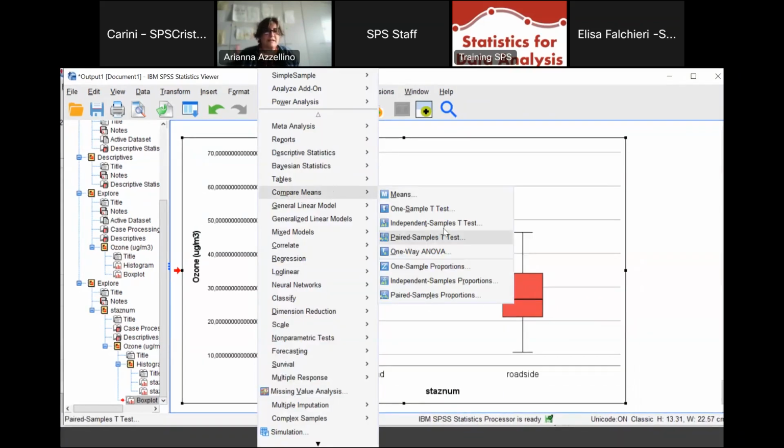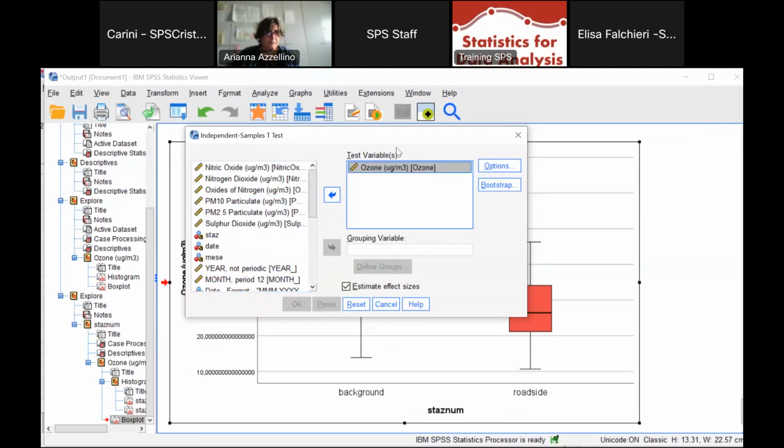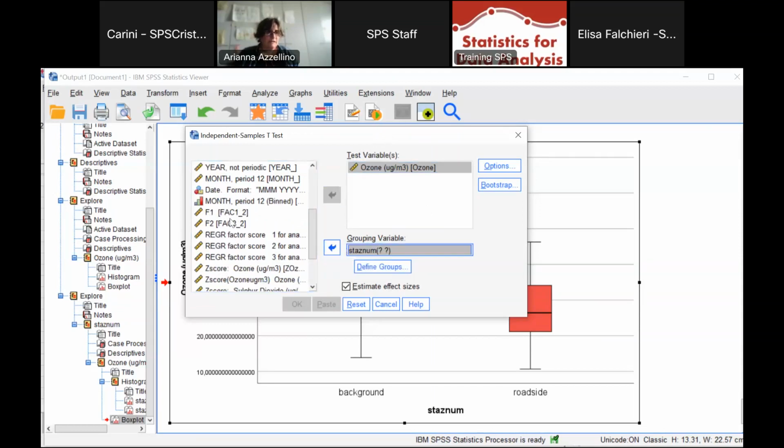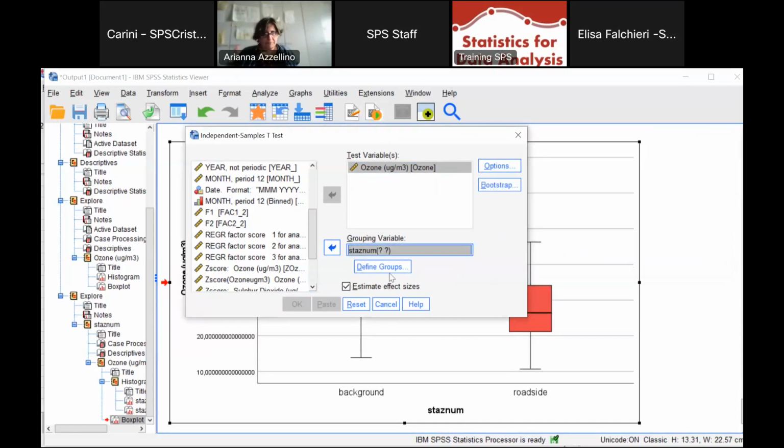So the first thing I will do is to run the independent sample t-test, using ozone again as test variable. And I need here to use the station variable again. It is very useful for this purpose to use a variable that is numeric, possibly with value labels, indicating that code 2 is associated with the background station and code 3 is roadside.